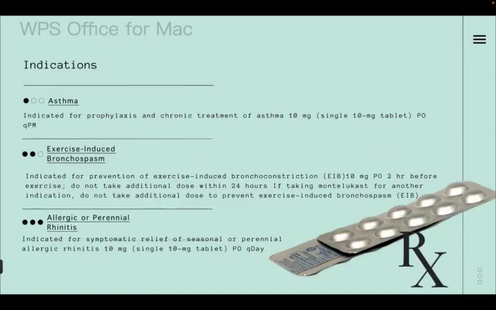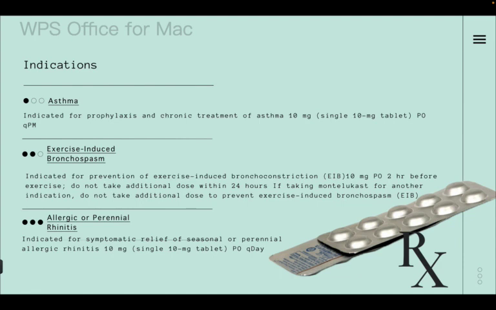For the indications: asthma, indicated for prophylaxis and chronic treatment of asthma, a single 10 mg tablet per oral every PM. Exercise-induced bronchospasm, indicated for prevention of exercise-induced bronchoconstriction, 10 mg per oral 2 hours before exercise.